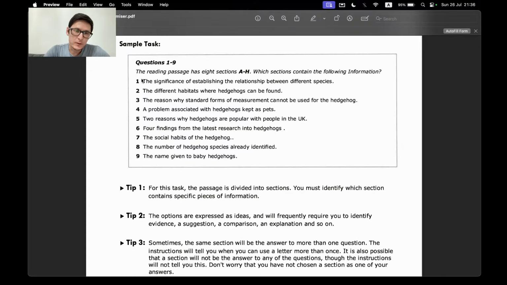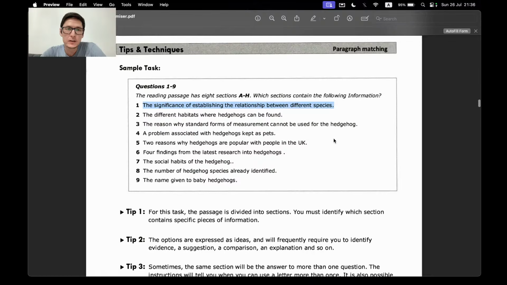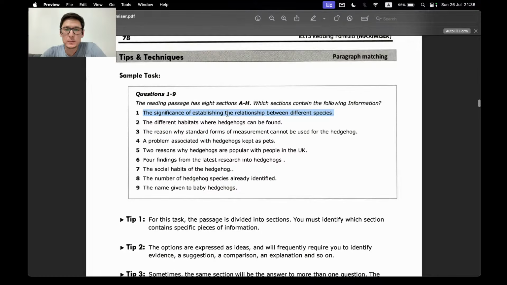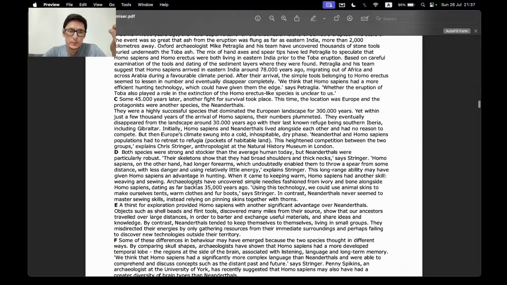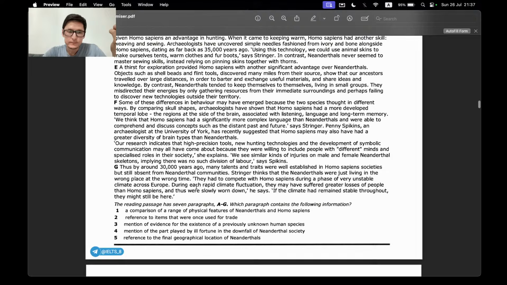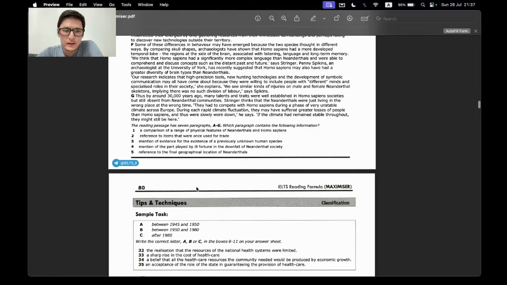That's why I read the first piece of information and try to find something similar to the keywords in the paragraphs. For example, here: the significance of establishing a relationship between different species. Two keywords: relationship, different species. Then I will try to find something similar in these paragraphs. And then classification, you can find it later.